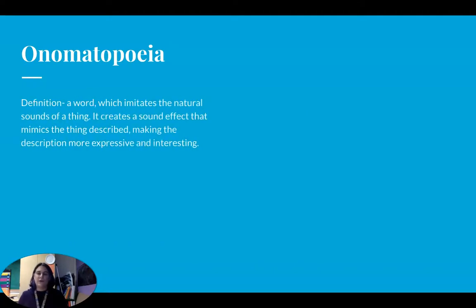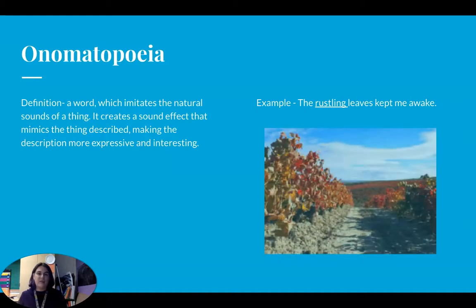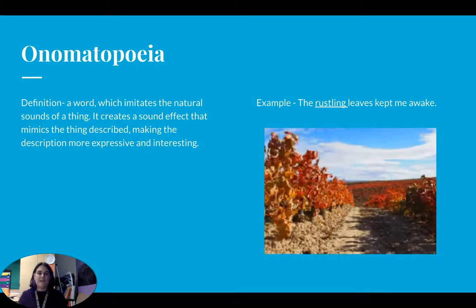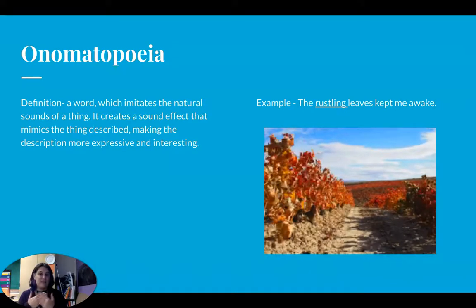All right, onomatopoeia is also all about the sound, which is a word which imitates the natural sound of a thing, creating a sound effect that mimics what's described, which makes the description more expressive and interesting. So down here we have a little picture of the wind going through the leaves, and I'm hoping you can imagine that sound of the leaves brushing against each other.